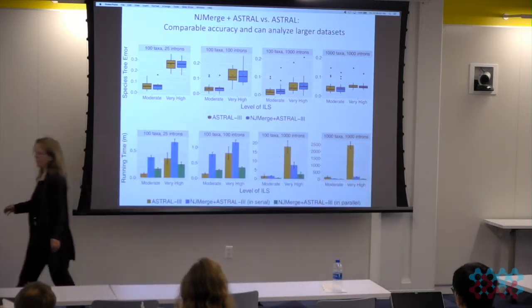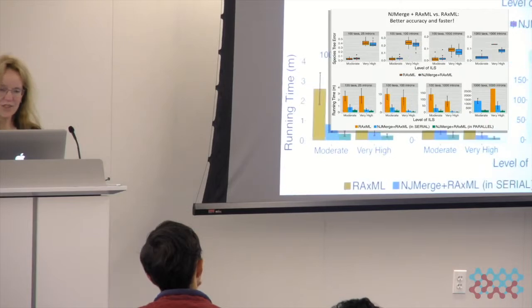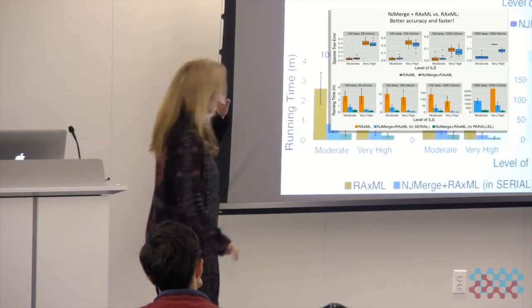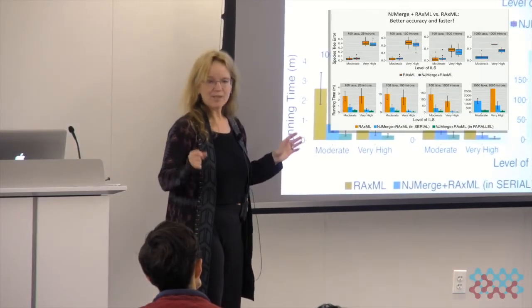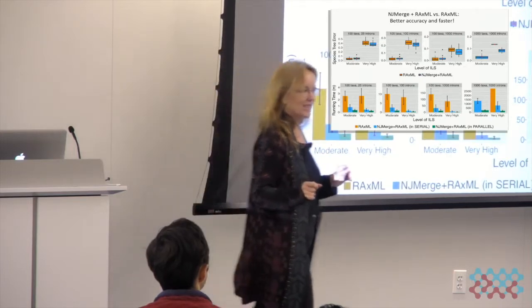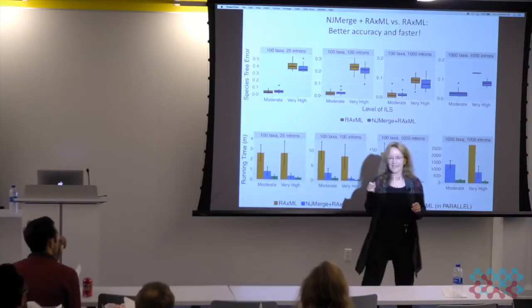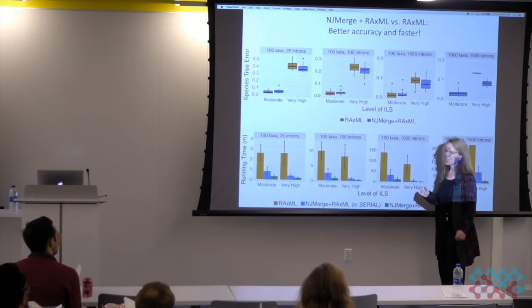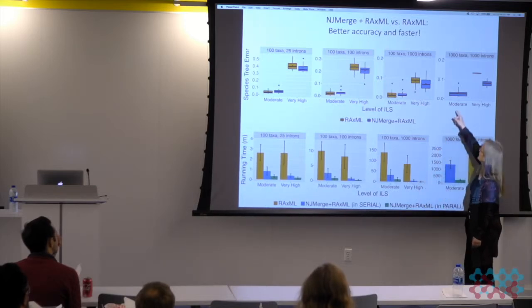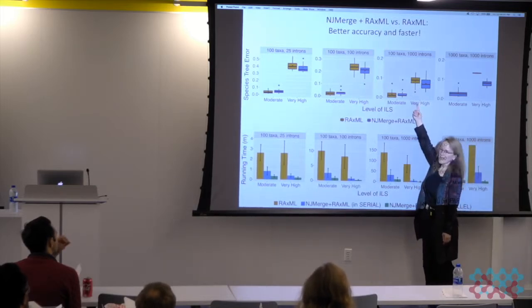Okay, what about concatenation? It's a similar thing here, except it's even better, because concatenation, which is not statistically consistent when you have gene tree heterogeneity, can actually have higher error. So this is an example where putting it inside the pipeline when you have high ILS, the error goes down.